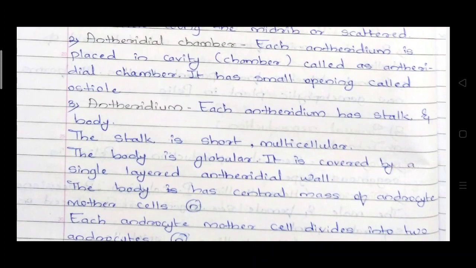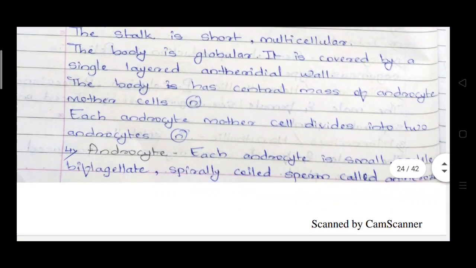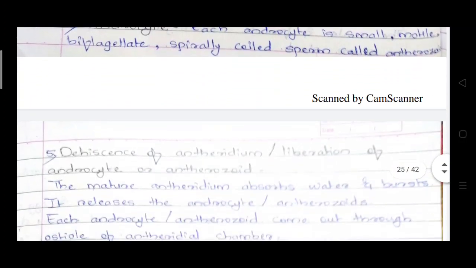The body of this antheridium has a central mass of androcyte mother cells. These androcyte mother cells divide and form two androcytes. These androcytes are very small, motile, biflagellate and spirally coiled sperms, also called antherozoids.